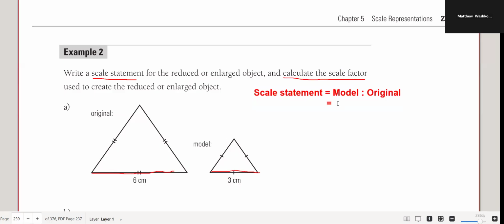Now, my model is 3 centimeters, or 3. My original is 6. It's a 3 to 6. But I can simplify that, right? I can make that 3 times smaller. It's 1 to 2. And same thing, you could write it as a fraction.